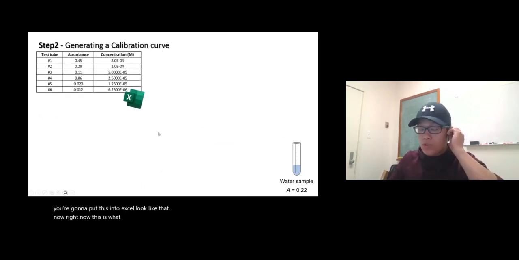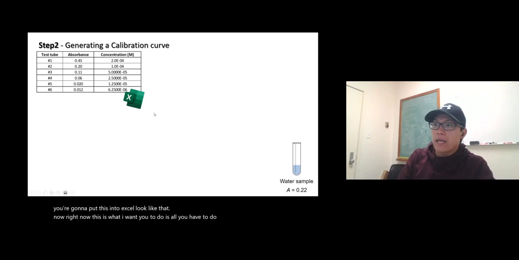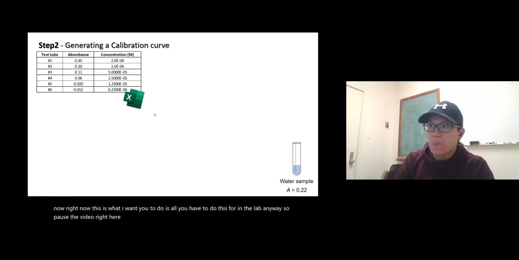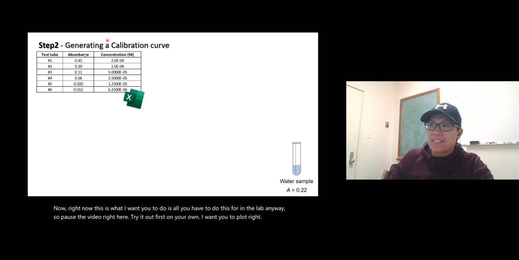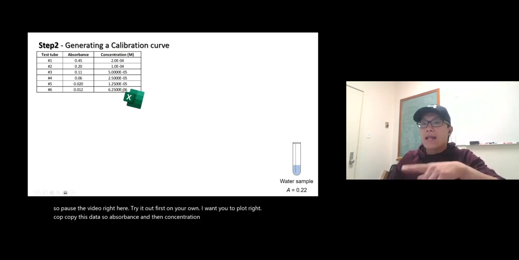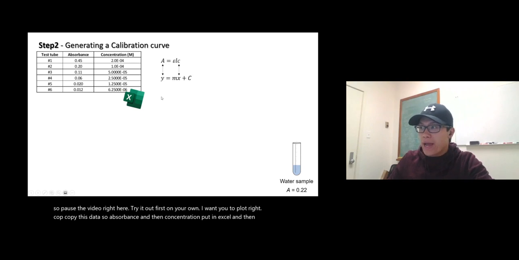Now this is what I want you to do. You have to do this in the lab anyway, so pause the video here and try it out first on your own. Copy this data, absorbance and concentration, put it in Excel, and plot a graph.